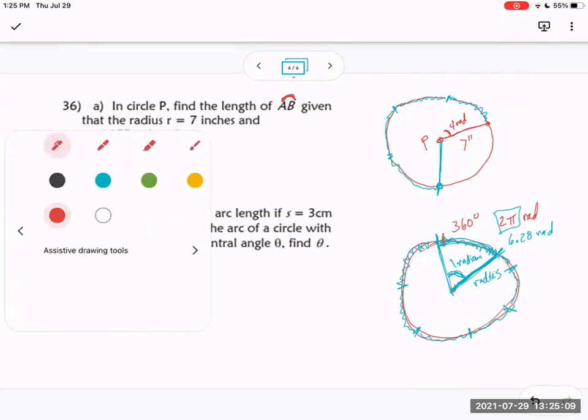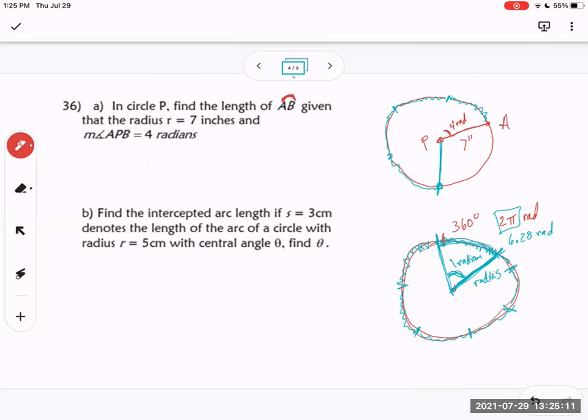So here's my A and here's my B. That makes sense? So this angle right here is 4 radians. You could convert it to degrees if you want, but you don't need to. In fact, I didn't have to explain all of that to explain this problem. I just wanted to use that opportunity to explain radians because they confuse people often, but they're actually a very good way to measure a circle.